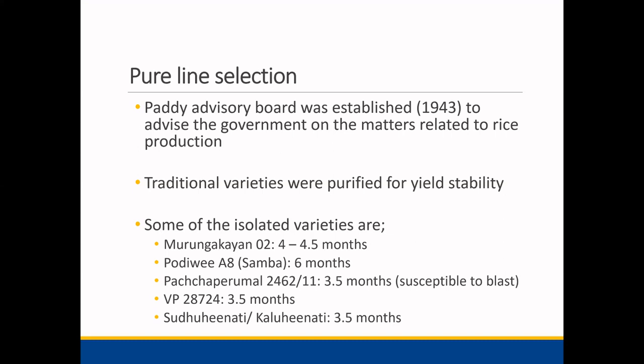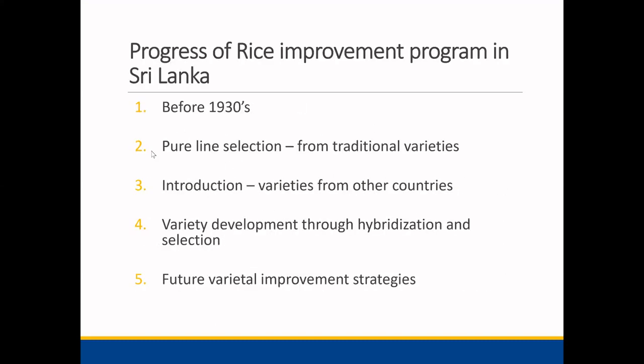So that is what happened in this second step. That is the pure line selection from the traditional varieties, right? Are there any questions so far?